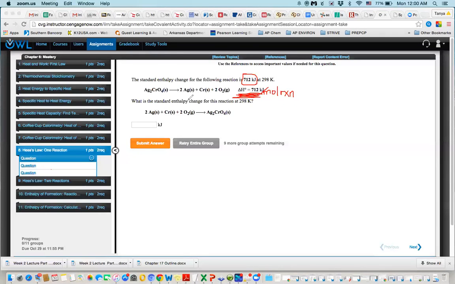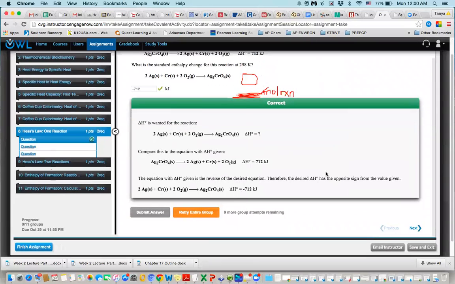And so that's actually what happens here. I'm going to go ahead and plug an answer into this one. Since all we did with this one is just flip the reaction, it should be negative 712 kilojoules per mole. And so that's it. That's a correct answer on that one.